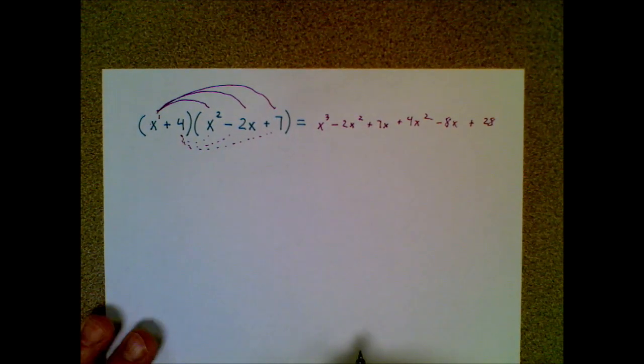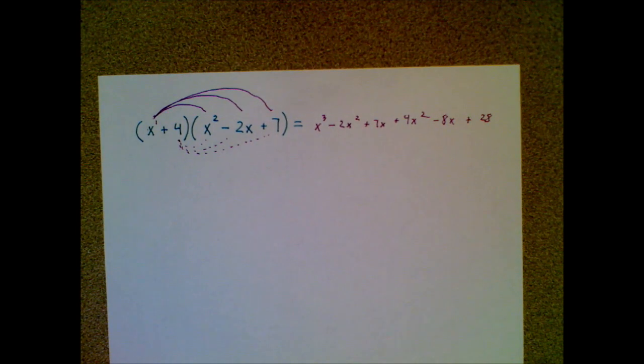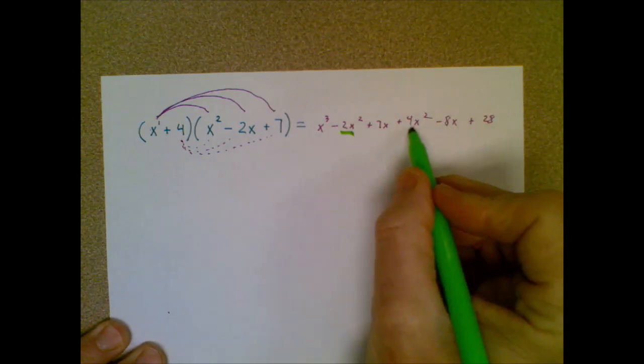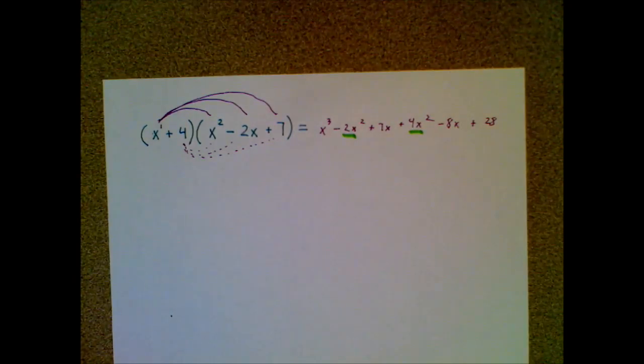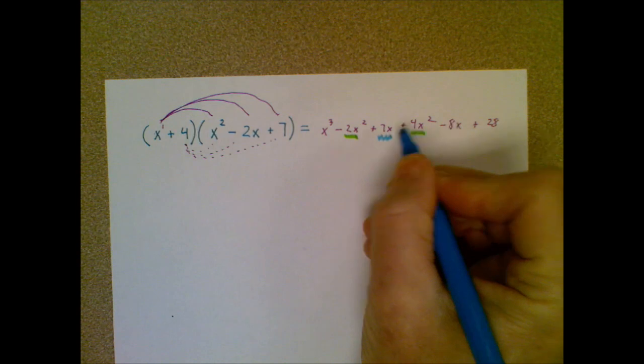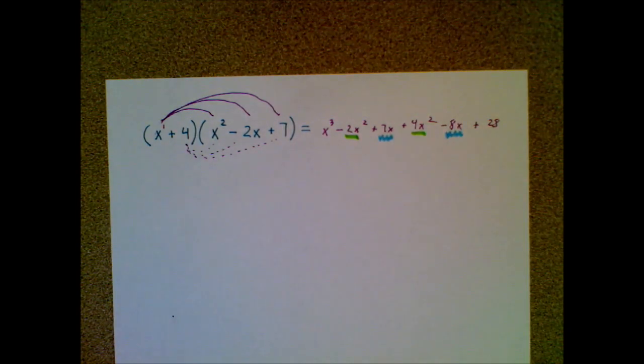But if you look carefully in there, there's going to be some like terms. So for example, I see this x squared term and this x squared term. They're going to combine to be like terms. Same variable, same exponent. I have a 7x and a minus 8x. They're going to combine to be like terms.